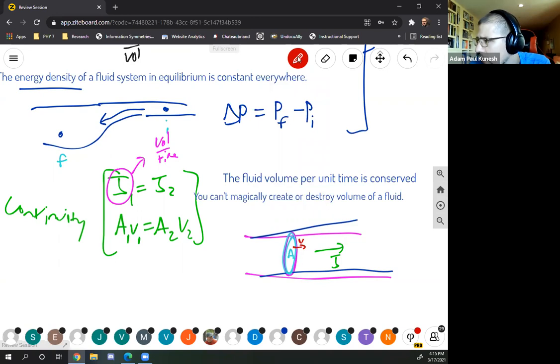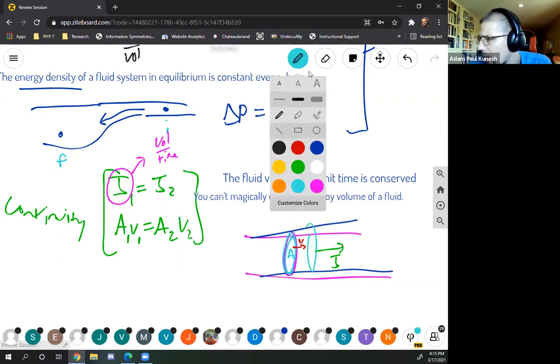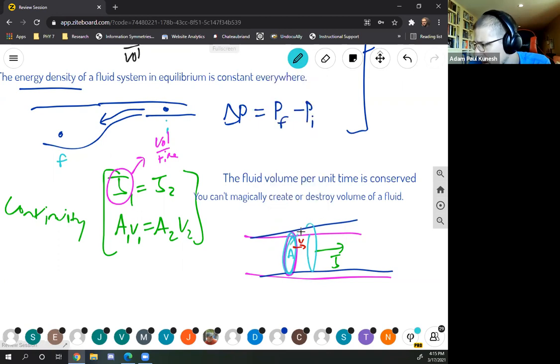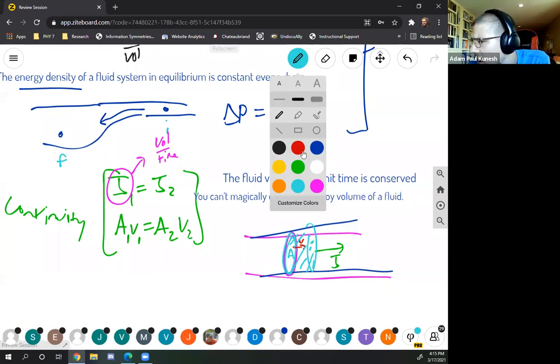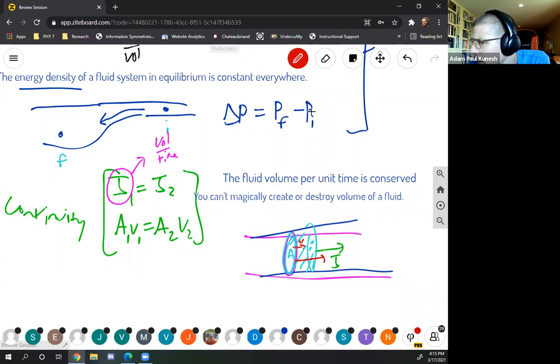If I multiply those two numbers together, I'll get an effective little cylinder. This is kind of unnecessary geometry, but maybe it helps build the intuition. If I multiply those together, I'll end up with a volume, so it's a volume per time. This volume of the cylinder characterizes the flow. If I have a larger velocity, I'm going to end up with a larger flow, a larger current.